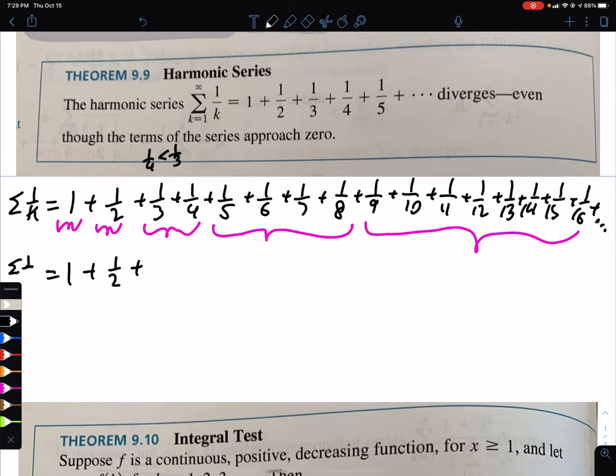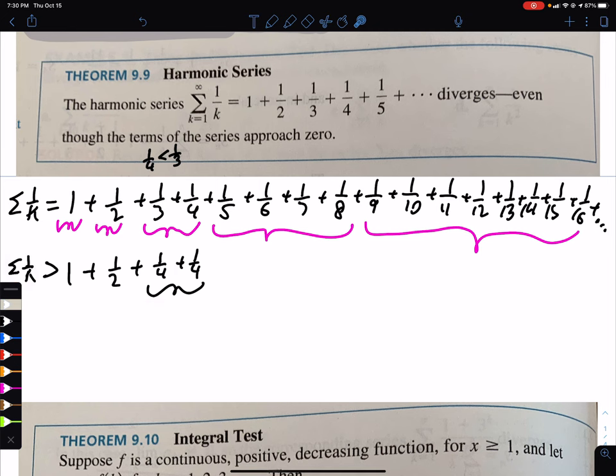So if I replace this 1/3 with 1/4, the sum is going to be smaller. So I'm going to put a 1/4 there and a 1/4 there to replace that. Now, if this is smaller than that, then I can say that the sum of this series is going to be smaller. Let me change this now. Or in other words, this series is going to be bigger than that because I replaced this with something smaller.